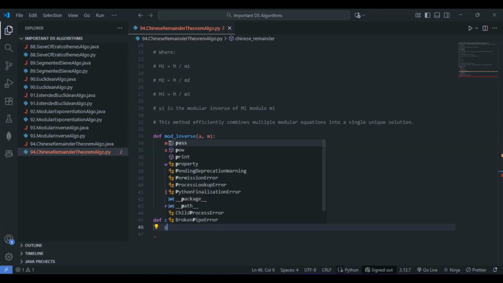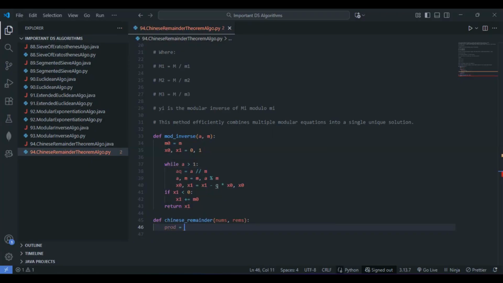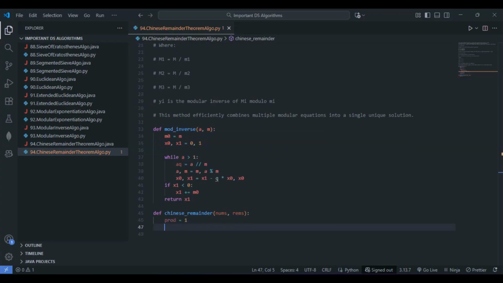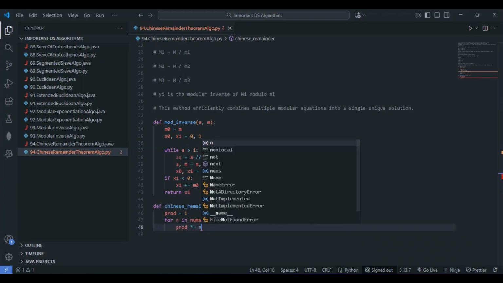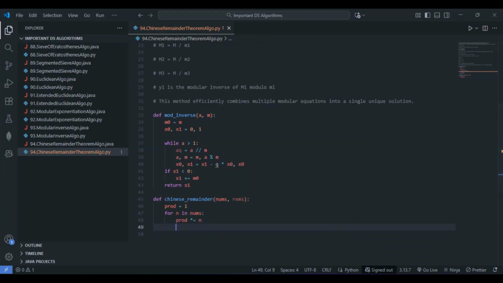Let me initialize prod to 1. Yep. So let me consider a simple for loop here, for individual n in the nums. Let me go with prod equals prod into n. Yep. So this part is fine.